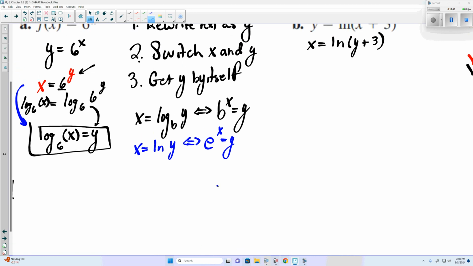It's always understood to be e. So x equals the natural log of y plus 3. If we rewrote this in exponential form, what would we get? e to the x is equal to what? y plus 3.